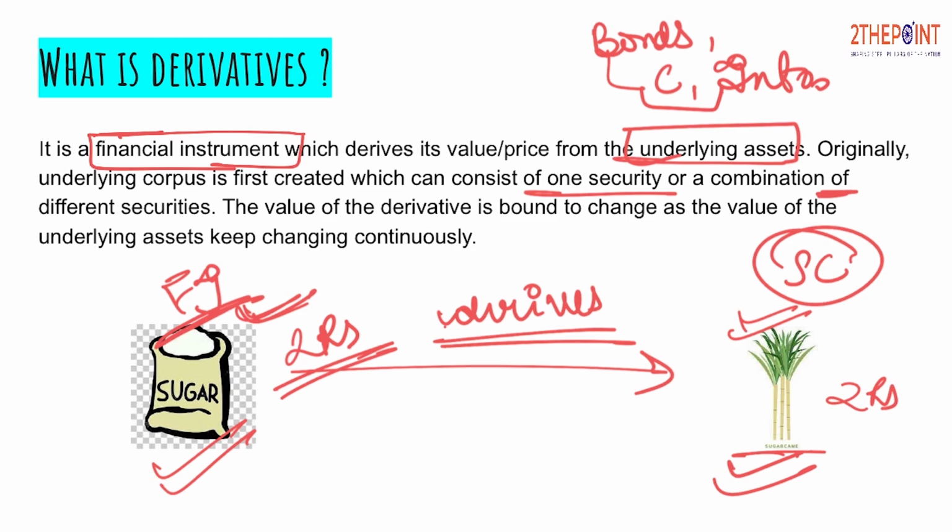The price of this financial instrument can depend on one security or a combination of securities. That is not an issue, but what you have to understand is there is some underlying asset through which this financial instrument derives its price, which I have explained with this sugar and sugar cane example. The value of a derivative is bound to change as the value of the underlying assets keeps changing continuously. If this keeps changing, then definitely it has an impact on the sugar's price also.